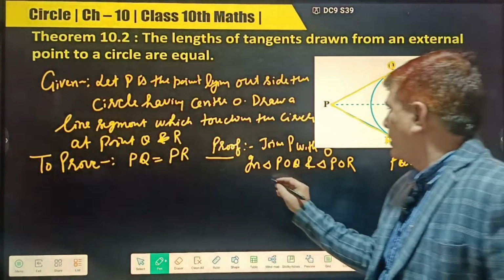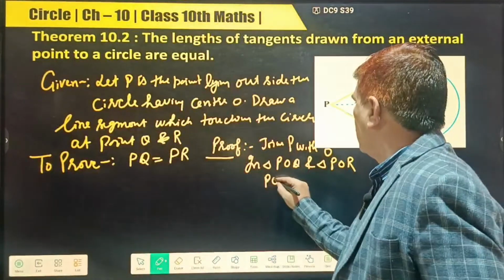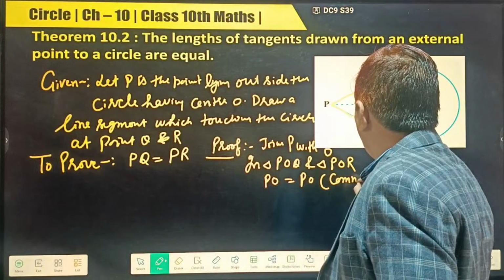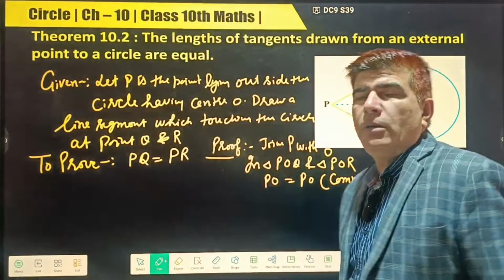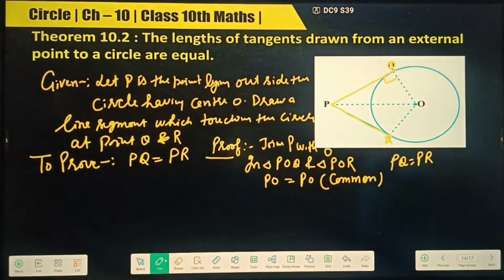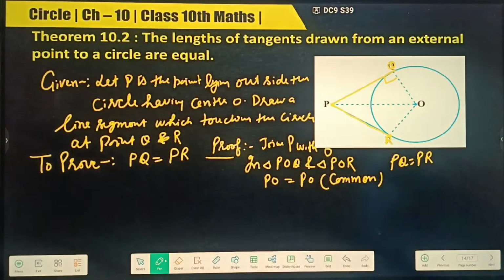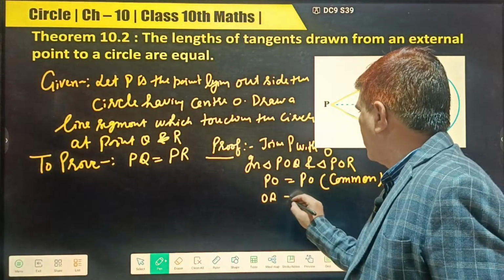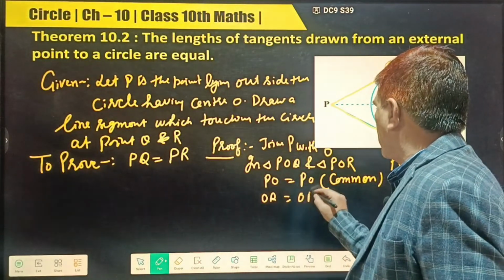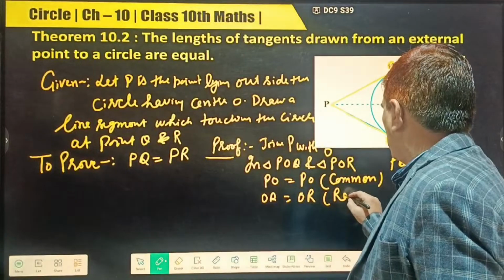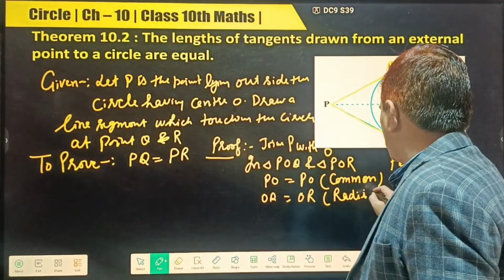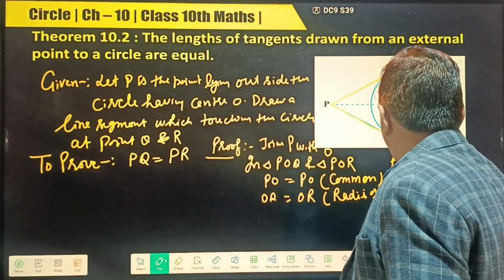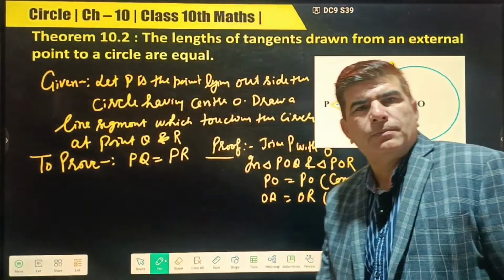So what can we say? PO equal to PO. What is common in both triangles? We are using the congruency rule here. OQ is equal to OR. These are radii, the plural of radius.